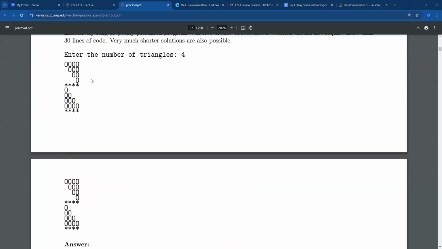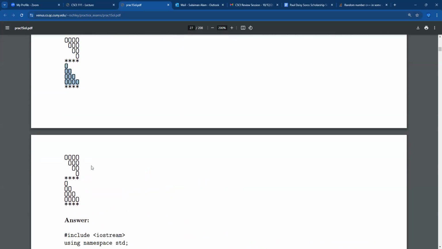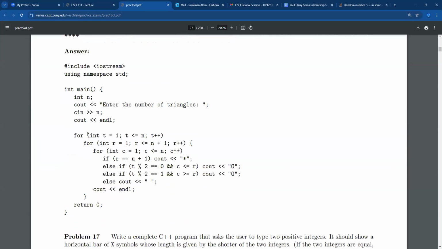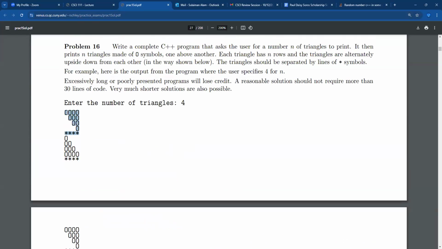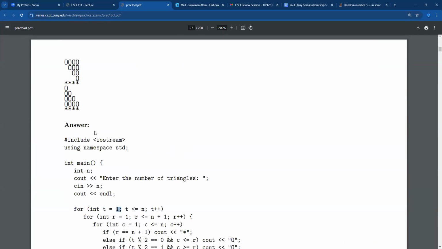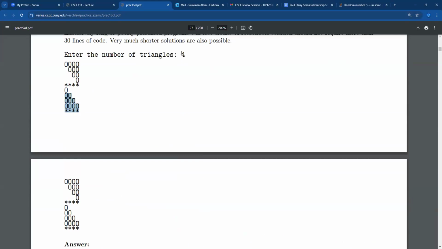So the first for loop, see how this is a first shape, this is a second shape, this is a third and fourth, right? So the outermost for loop is for each individual shape. So this is the first shape. We start at 1. Then it's the second. See how there's 4 triangles? So we print out 4 separately.